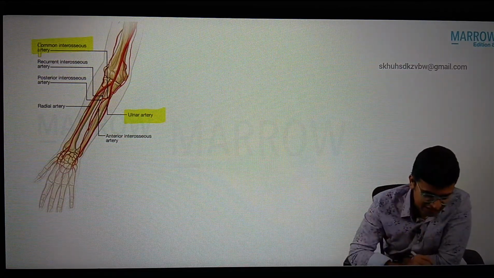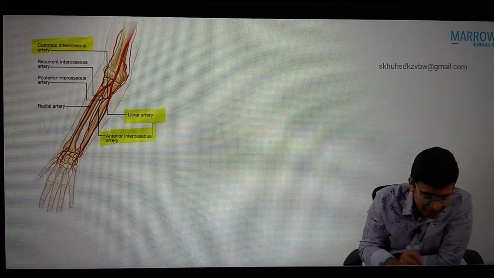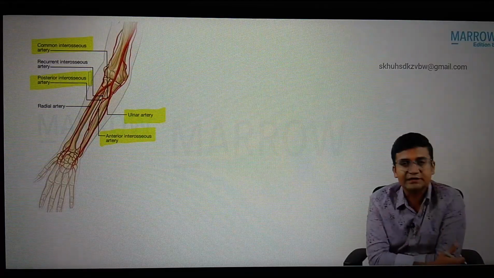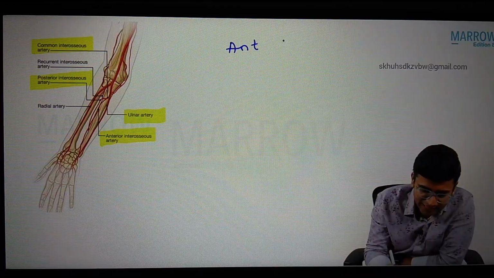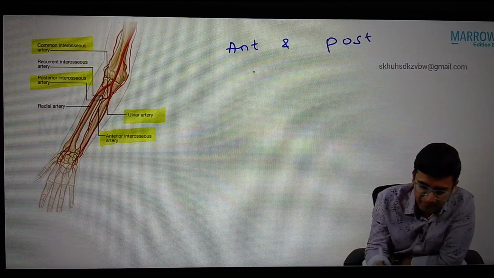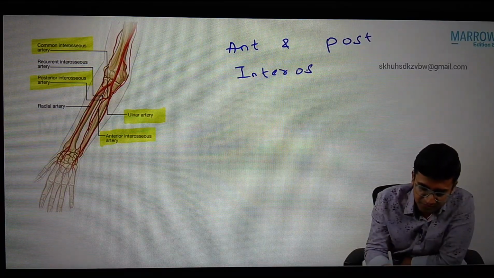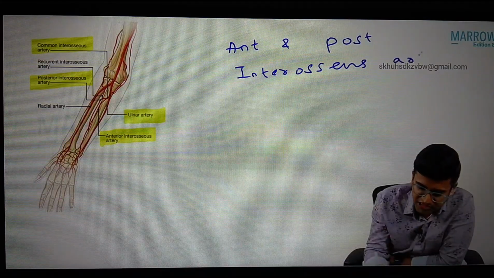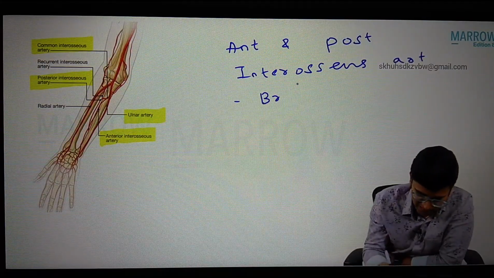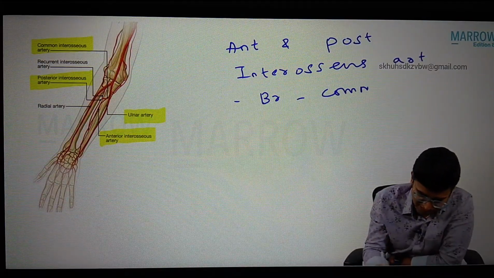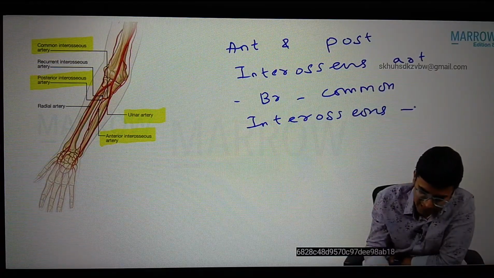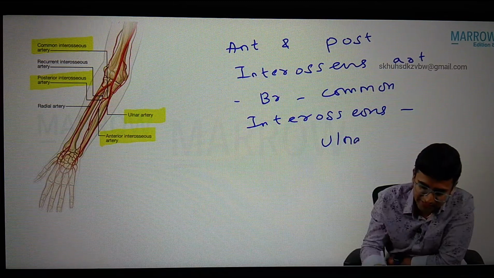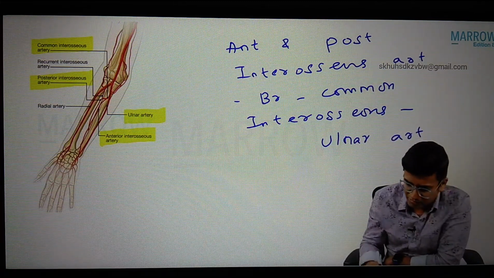Now this common interosseous divides into anterior interosseous and posterior interosseous artery. So please write by the side: anterior and posterior interosseous arteries are branches from common interosseous, and common interosseous is a branch of ulnar artery. What about the nerves?